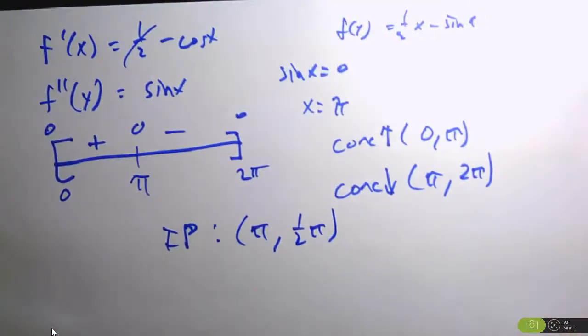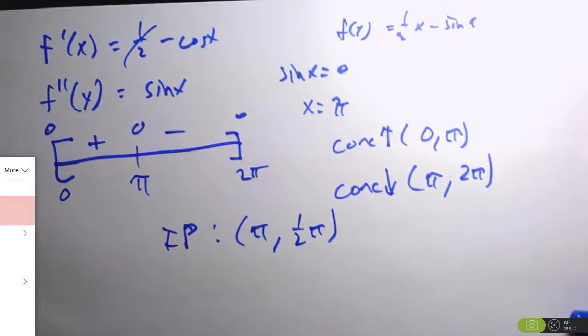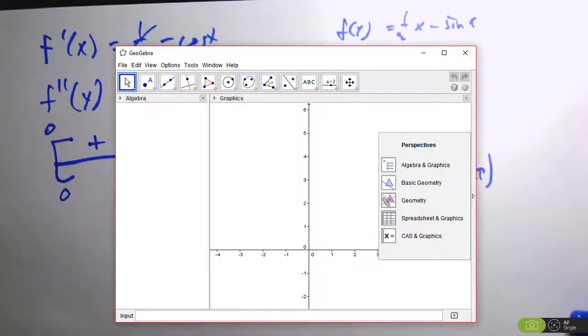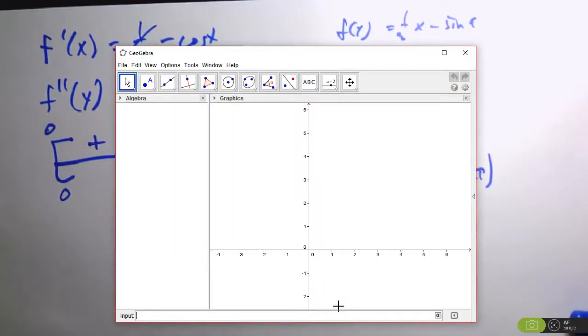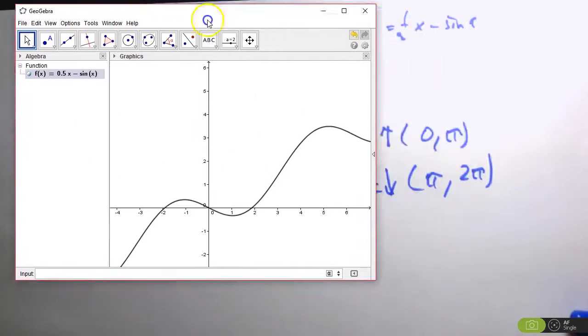Now, just to get a look at this graph, just to kind of see it. F of x equals 0.5 x minus sine x. So there's the graph.